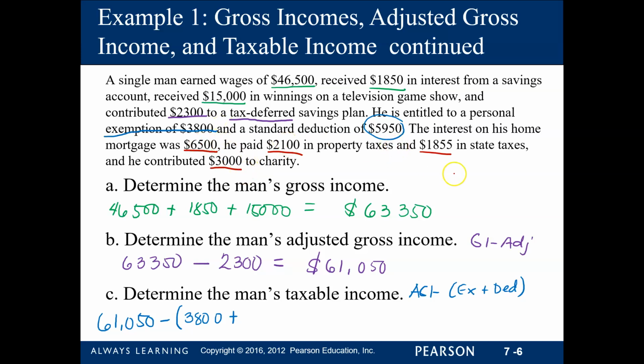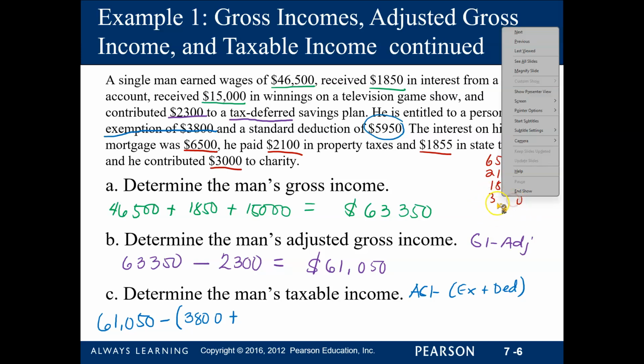So all four of these, if we add them, 6,500 plus 2,100 plus 1,855 plus 3,000, this is our itemized deduction.